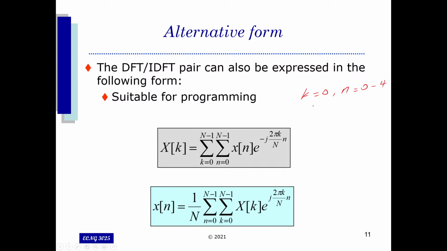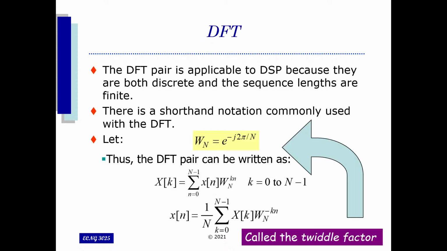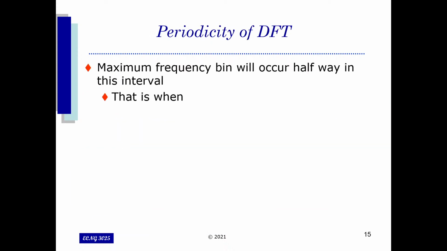And then on the next iteration, it's going to be k equals 1, n equals 0 to 4, and so forth as we keep on going until we get to k equals 4, n equals 0 to 4. In its general operation, the inner loop will run on every iteration of the outer loop in particular. So that's how the twiddle factor basically works, because of that double summation series where the summations basically cascade into each other.